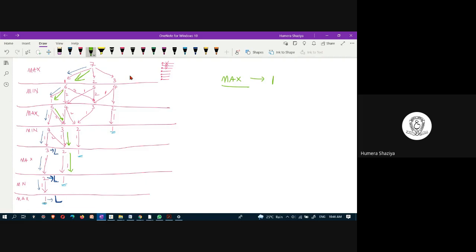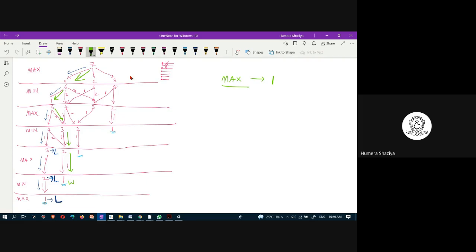If Min gets it, Min wins. It is the opposite, because we are playing with respect to Max. If Max gets 1, Max loses, whereas here, Min is getting 1, so Min will win.